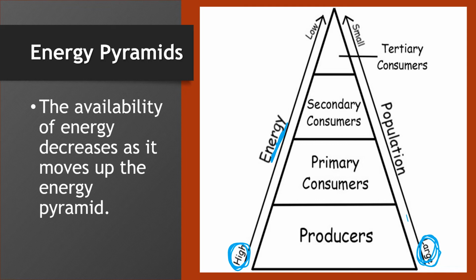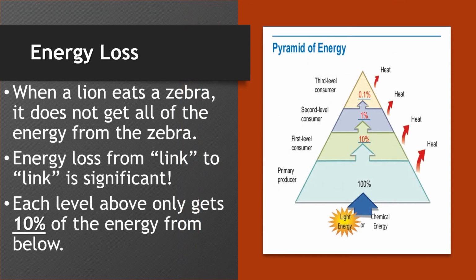We can have a large population there. But as we go up, energy decreases. Our energy gets lower and lower because it's used up. And therefore, the population will also decrease. So with each level, as energy gets lower and lower, the population also gets lower and lower. They get smaller.